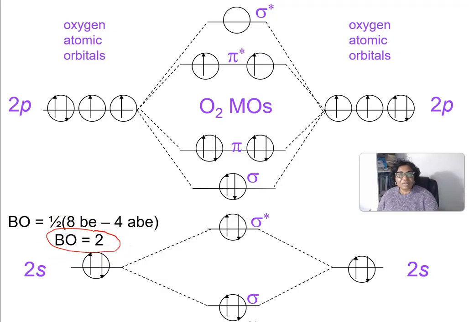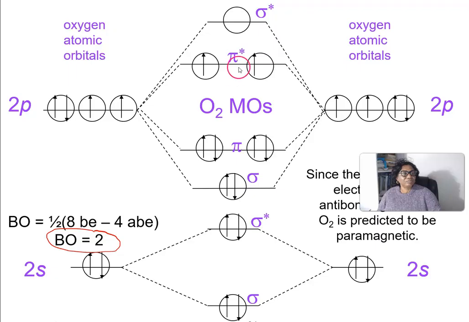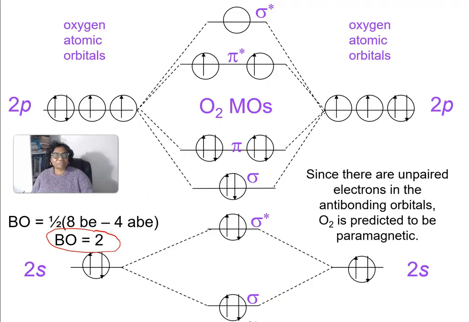So it shows that the oxygen molecule exists, and it also shows the paramagnetism of oxygen. With unpaired electrons in the antibonding orbital, oxygen is predicted to be paramagnetic. And oxygen is paramagnetic.